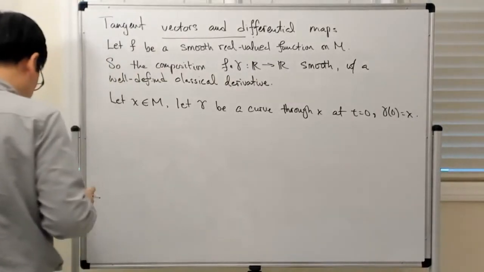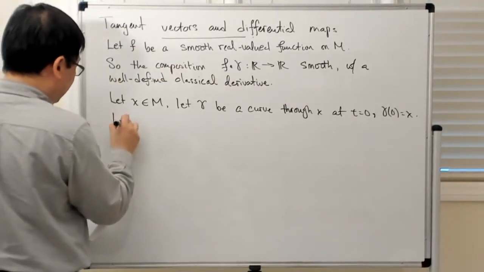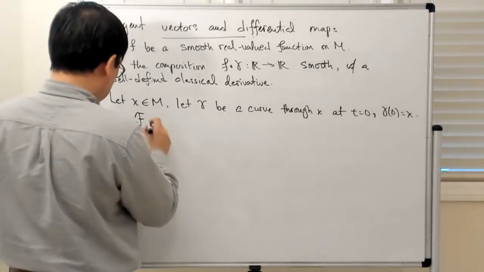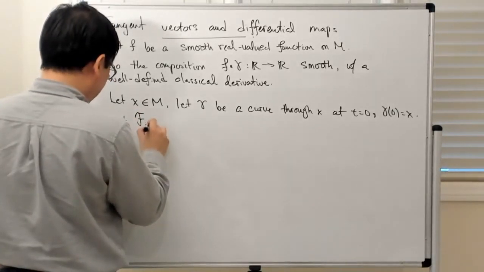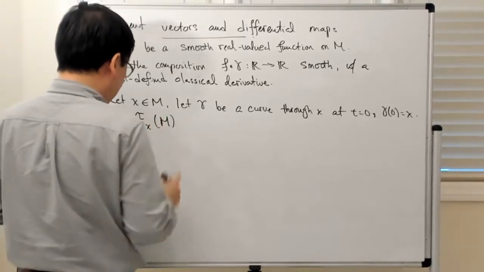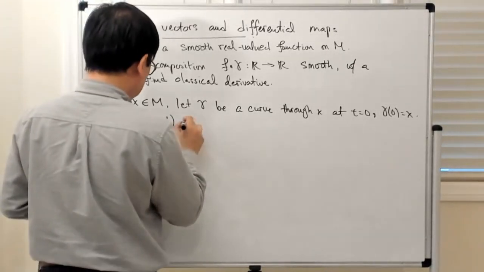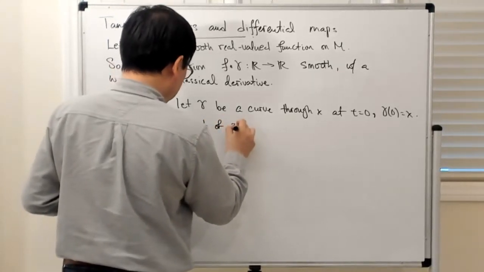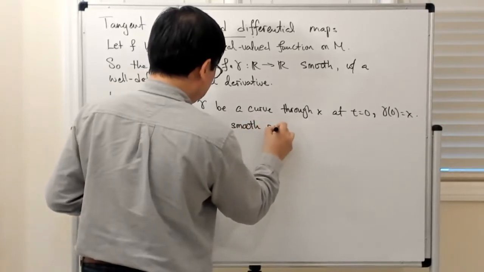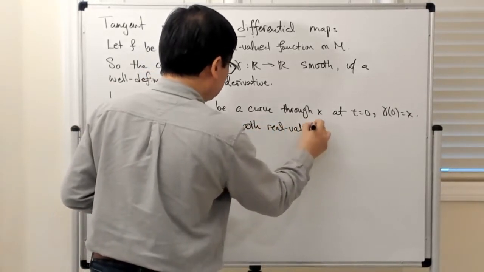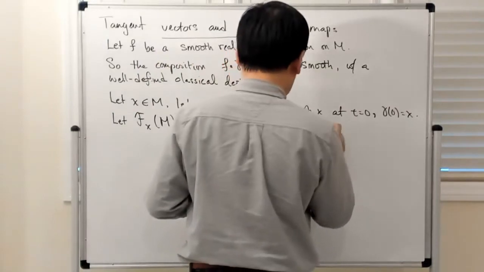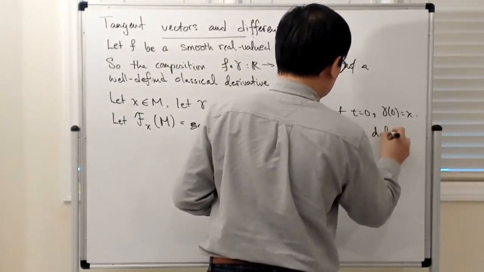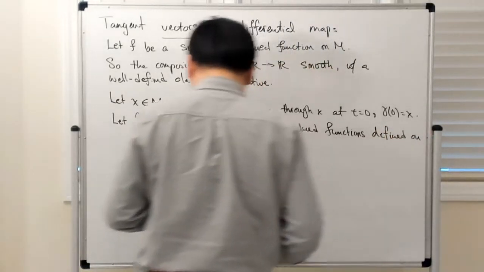And then let's say we have this script F of x, let this be the set of smooth real valued functions defined on a neighborhood of x.